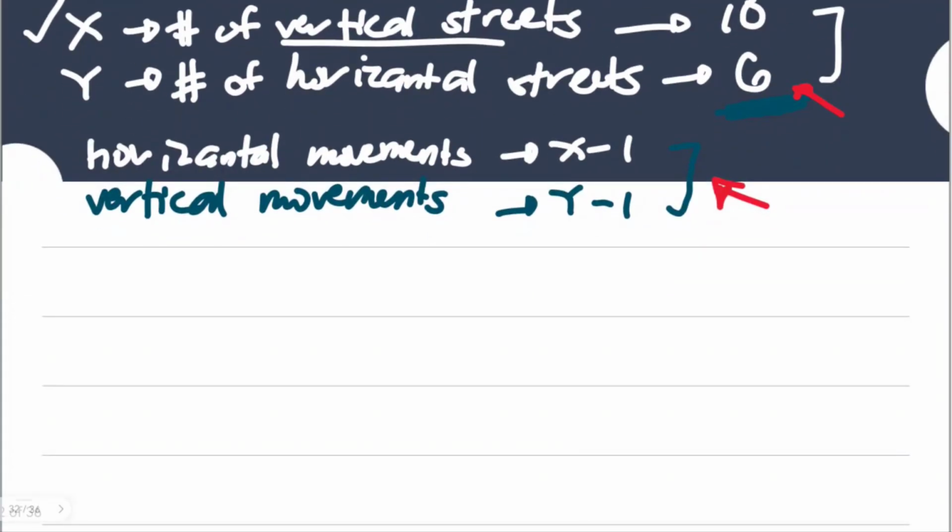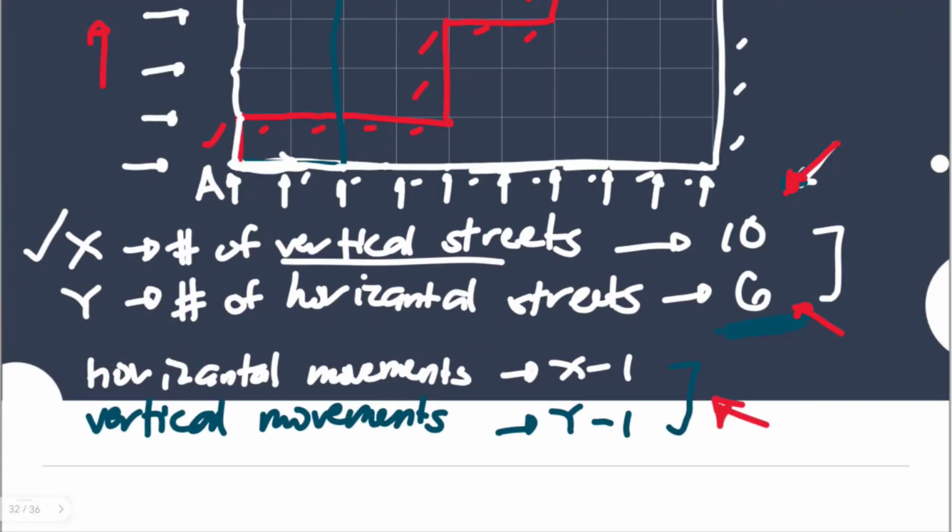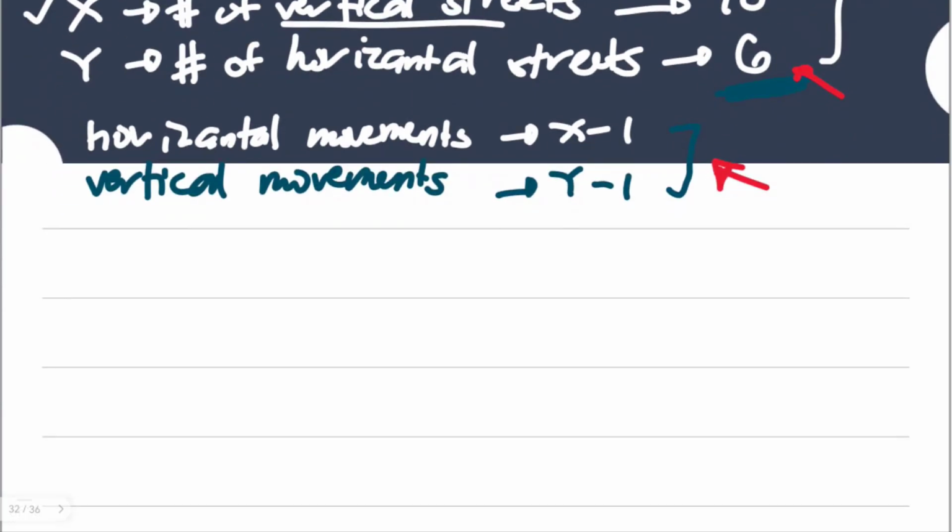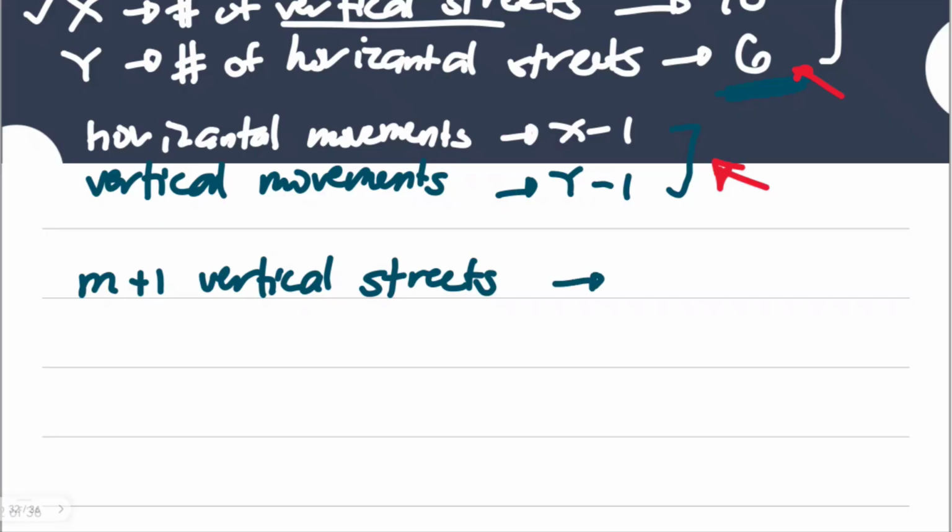Now let's generalize this one here for the horizontal movement. The horizontal movement is x minus 1. X stands for the vertical streets. To make it addition, let's say we will be using here m plus 1, which corresponds to the vertical streets. So in m plus 1 vertical streets, m is your horizontal movements.